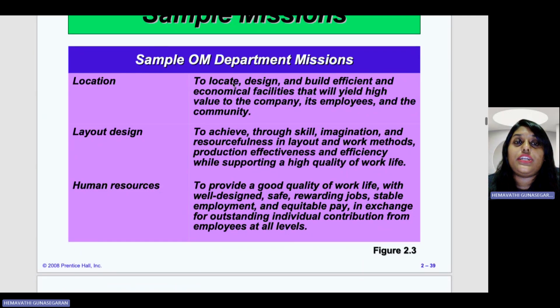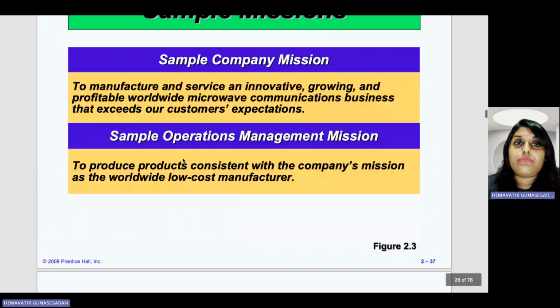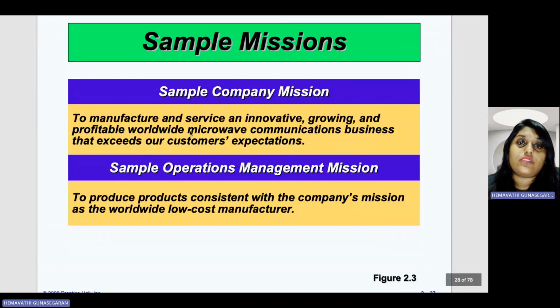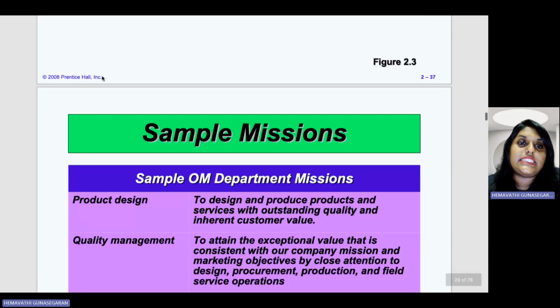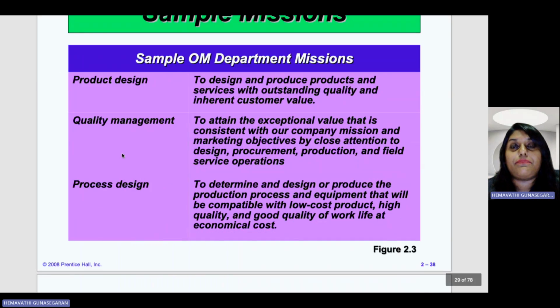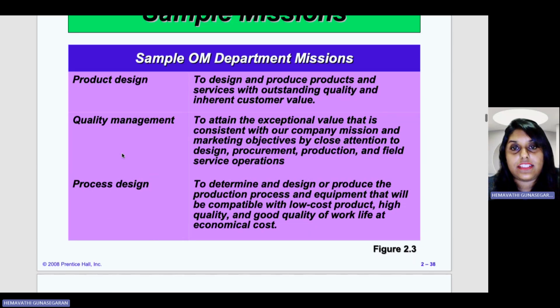Now, this one is only used for this particular department, and different departments have different missions, but the main mission that all employees of the organization share is to manufacture and service an innovative, growing, profitable worldwide microwave communication business that exceeds our customers' expectations. All right, so this is the main one, and these are the subsequent department missions based on each and every department in operations management.